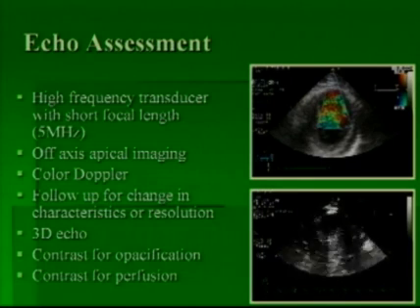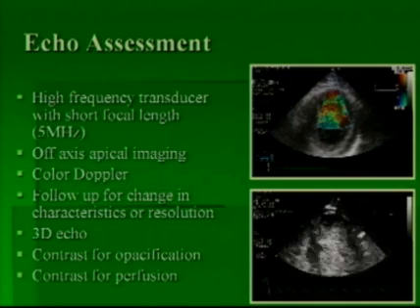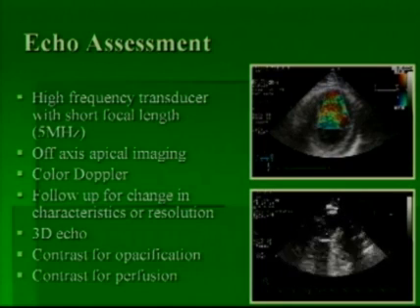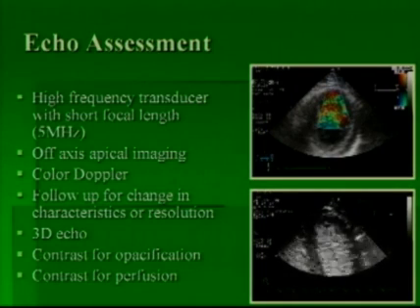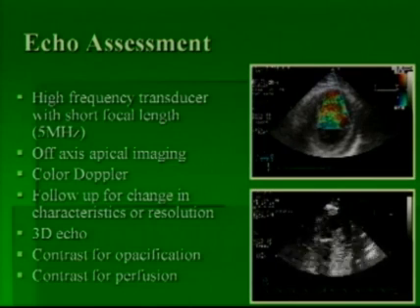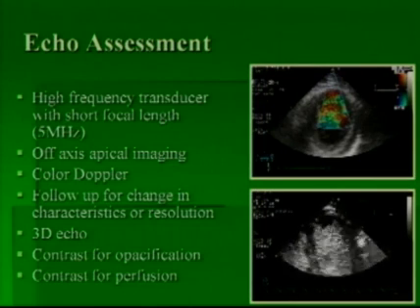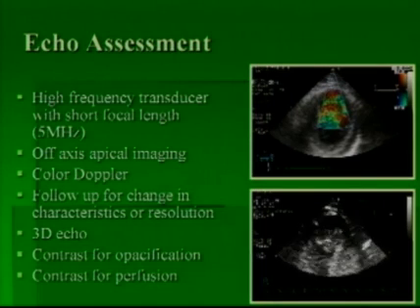It has a short focal length and can resolve images better at the apex. We can also perform off-axis apical imaging, looking for these structures. We can also do color Doppler imaging. And then perhaps the most powerful thing is to look for change in the characteristics or the resolution of the thing that might be a mass over time.